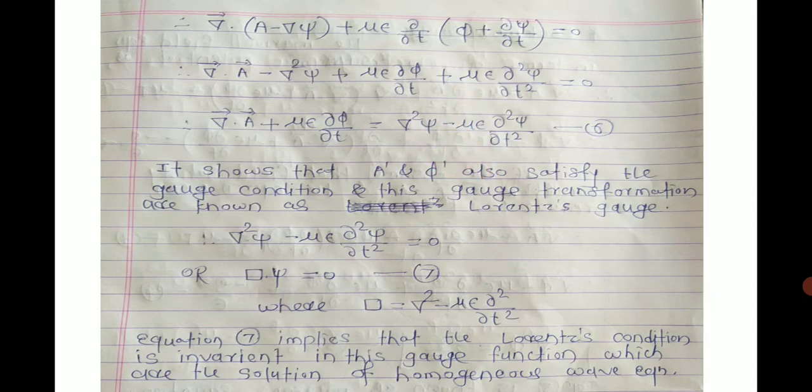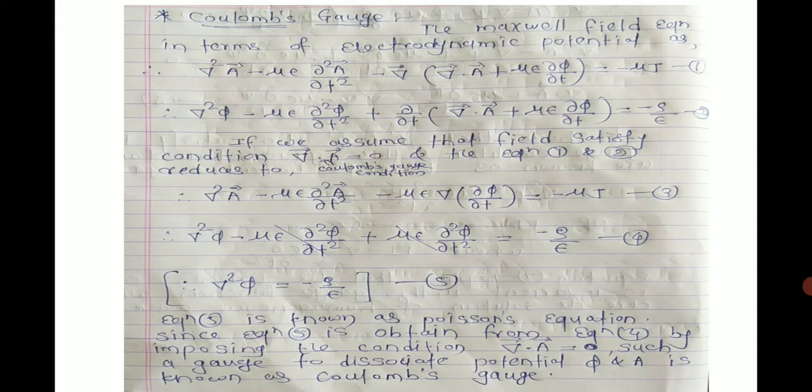Then equation 6 is del dot A plus mu epsilon dabba phi by dabba t is equal to del square psi minus mu epsilon dabba square psi by dabba t square. But del dot A plus mu epsilon dabba phi by dabba t is the Lorentz condition, which is equal to 0. That means A dash and phi dash, these two gauge transformations, also satisfy the gauge condition.